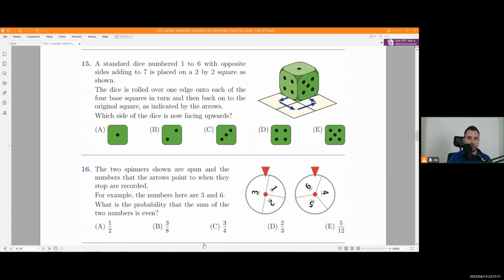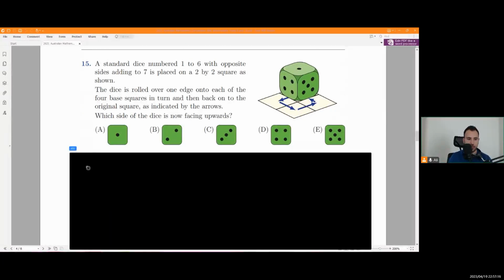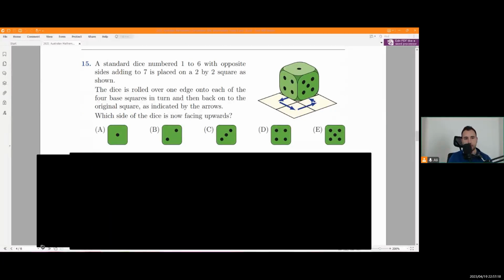Okay, question 15. I'm going to do some drawing for question 15. A standard dice numbered 1 to 6 with opposite sides adding to 7 is placed on a 2 by 2 square as shown.